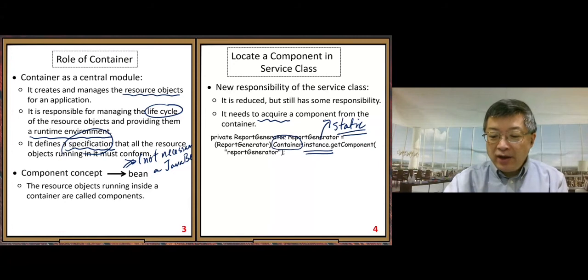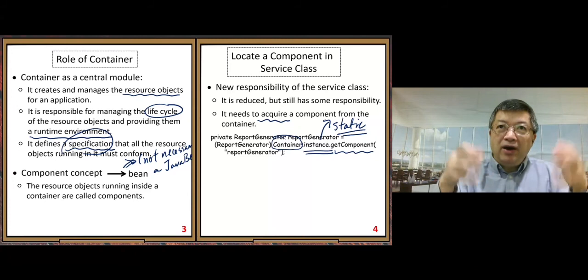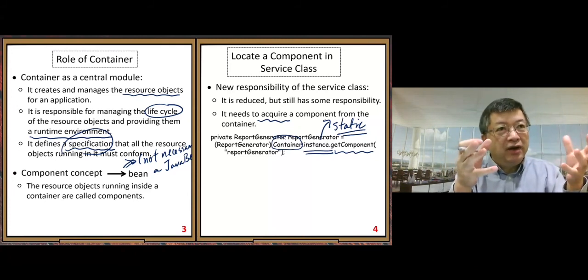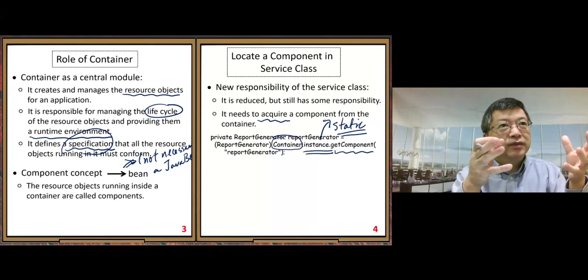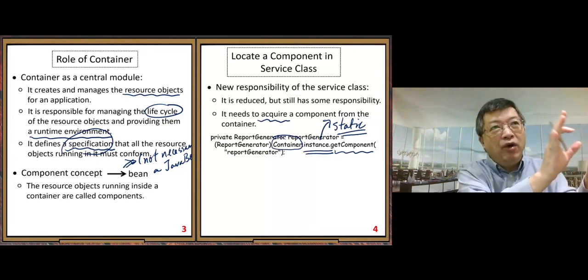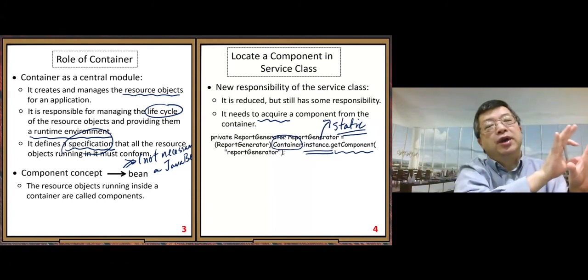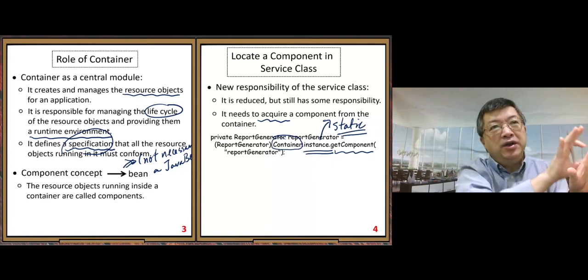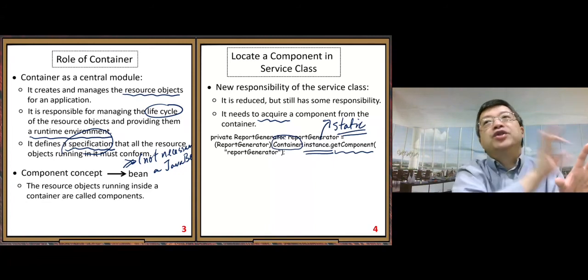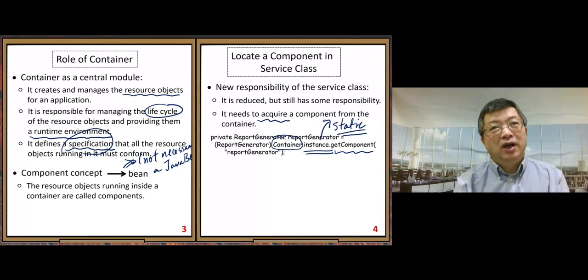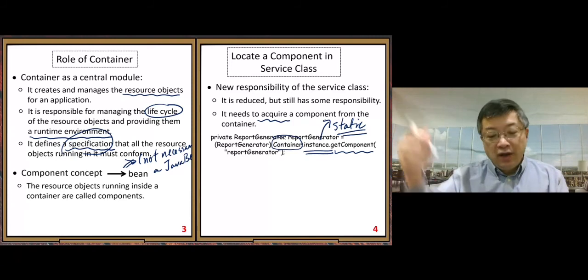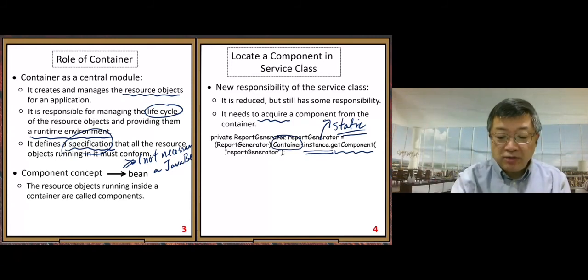Then it has a special method called getComponent. It prepares all the dependency objects inside the container, and they sit there waiting for other service classes to use these dependency objects or resource objects. Now, when you call this getComponent method, you need to know the name of your dependency object.